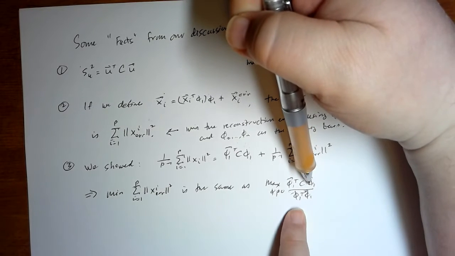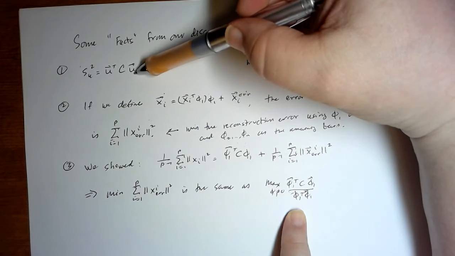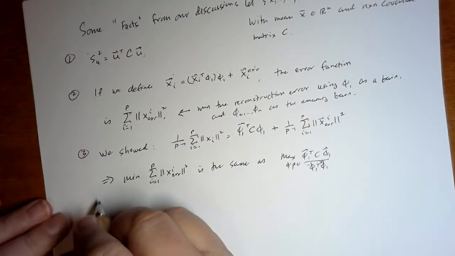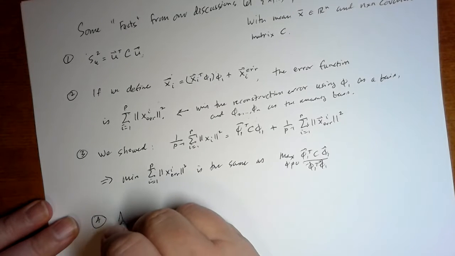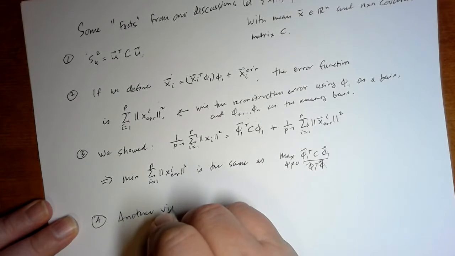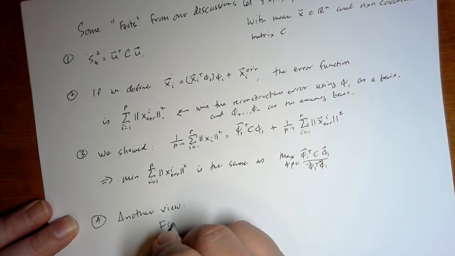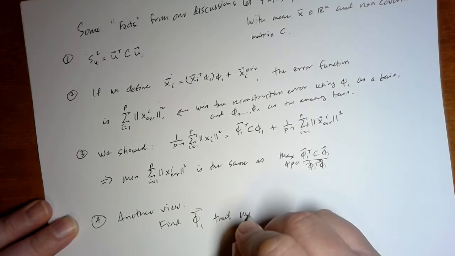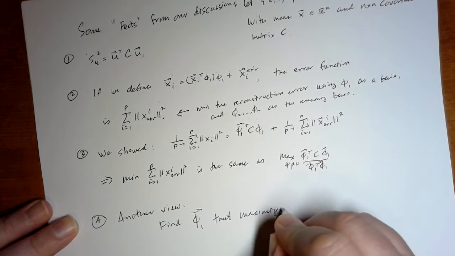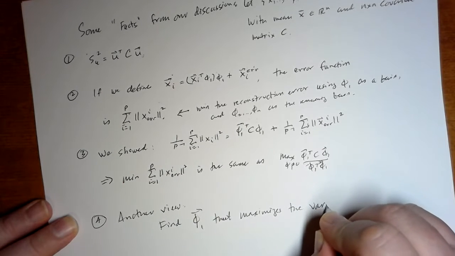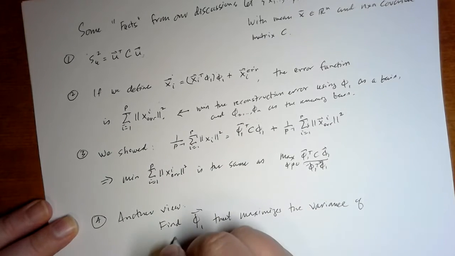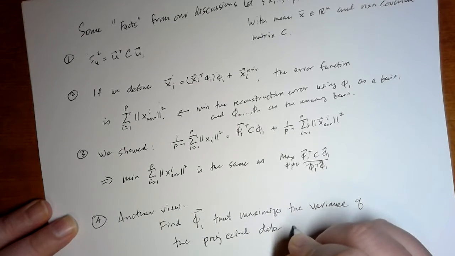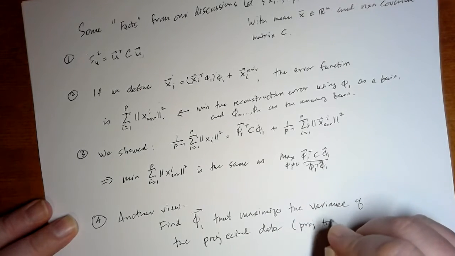But notice something, that is the variance. So another way to look at this, number 4, another view, is that we find phi1 that maximizes the variance of the projected data, that is projected to phi1.